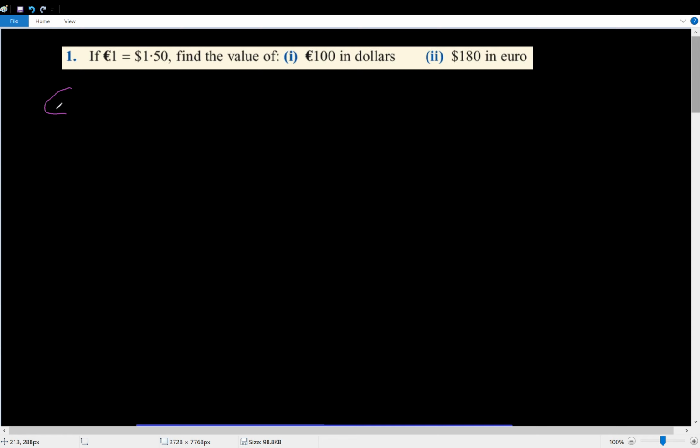So we've got €1 is equal to $1.50. But we're looking for $100. So we're going to multiply by 100. And we will get €100.